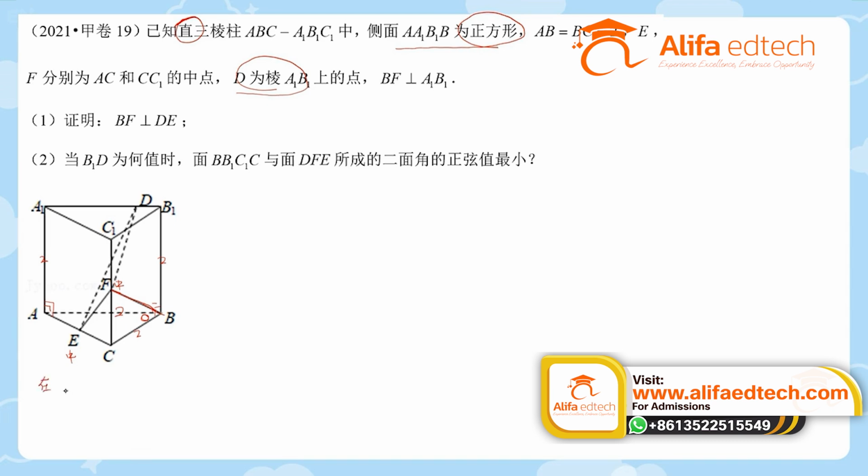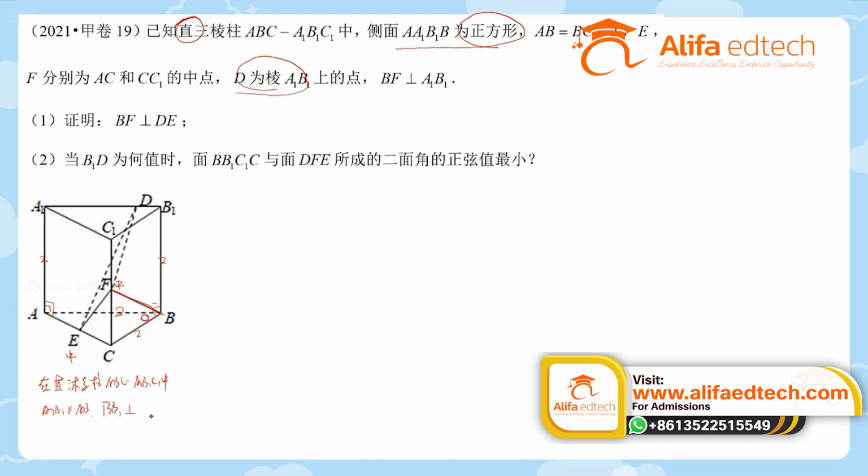In the right triangular prism, A, B, C, A1, B1, and C1 are the points we are considering. In this case, we must have the line segment A1B1 parallel to the line segment AB.